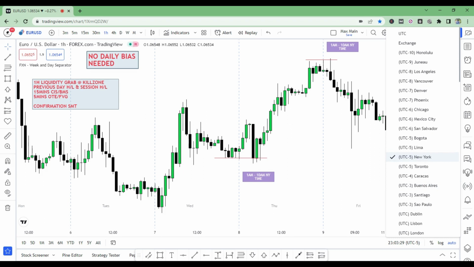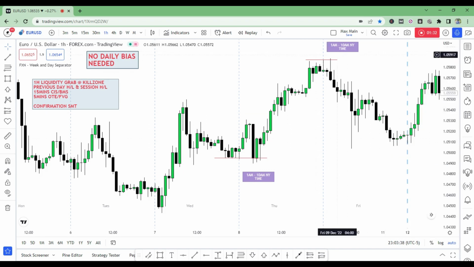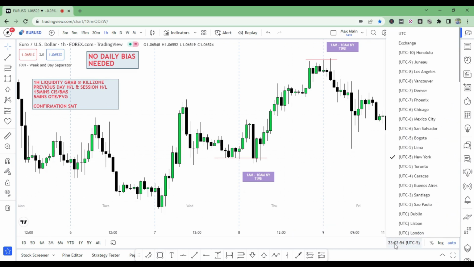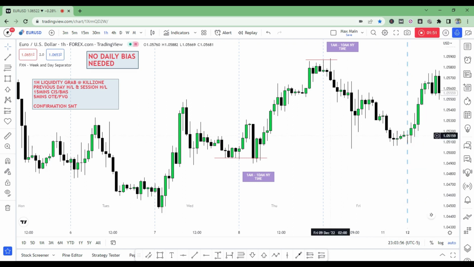So anything I'm going to be discussing concerning time is going to be referring to the New York time only. So when I refer to 1 a.m. to 10 a.m. New York time, I mean the time set in trading. If you want to get the results that I'm showing here, just set your time to New York time, just the way ICT teaches.